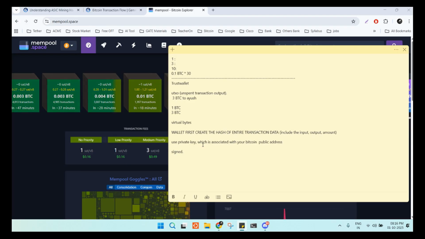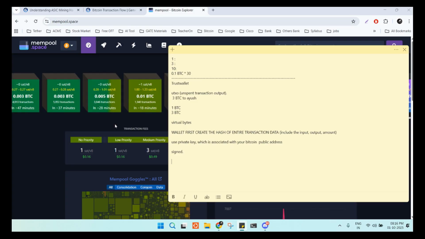After that, what will happen? One question: let us suppose we are using Trust Wallet, or I'm using Trezor as an example, in my laptop at the moment. Am I running a Bitcoin node here on my laptop? No, I'm not running one. I just have an application or software or wallet which I'm currently using.